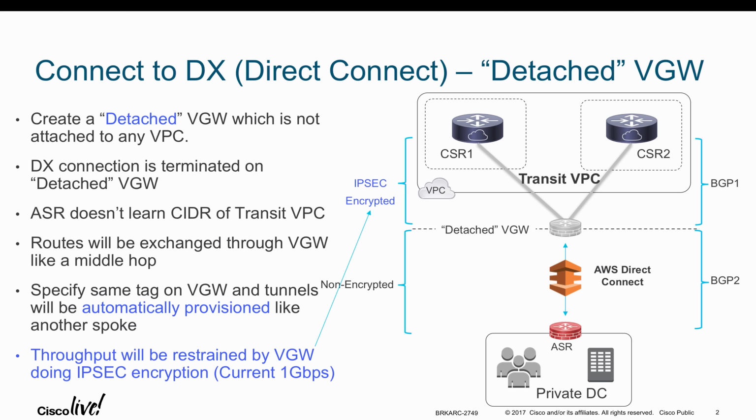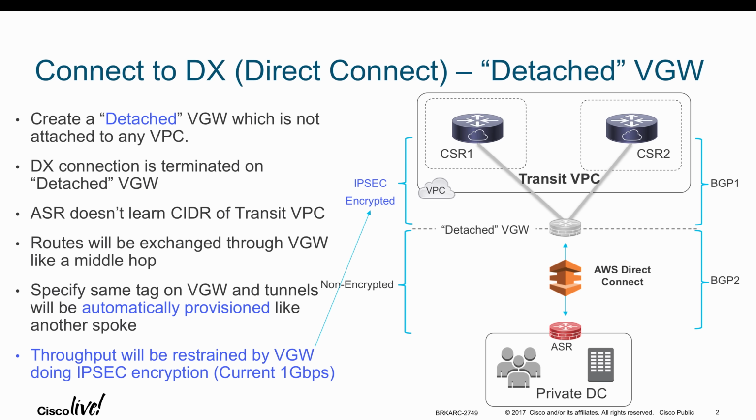As you can see in the topology, it's going to be BGP domain 1, which is the top part of the BGP. The VGW is doing two things: first, DX termination to on-prem, and it is also doing IPsec encryption back to the CSR in the transit VPC.